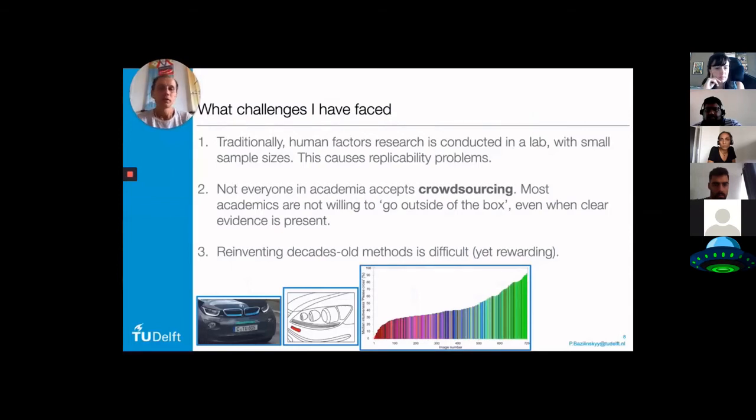And I will go a bit into what challenges I have faced over the last 6 years, which I've spent in TU Delft. So I also did my PhD in TU Delft, also in the field of human factors. So traditionally, human factors research is conducted in a lab with quite small sample sizes.